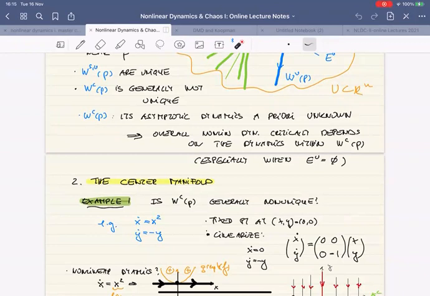Interesting things start happening when you have a non-hyperbolic fixed point. A lot of the phenomena in nature that you hear a lot about, things like tipping points or sudden unexpected changes, tend to happen near non-hyperbolic equilibrium points, because hyperbolic equilibrium points are robust. With small changes in the parameter space, they might deform, they move a little bit, but they're not going to change.